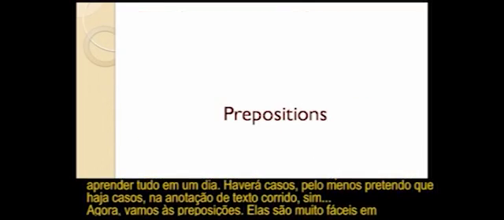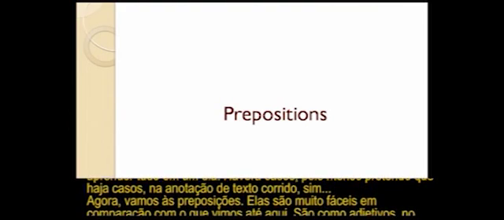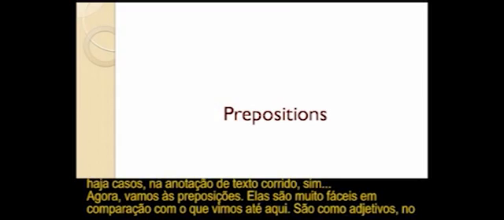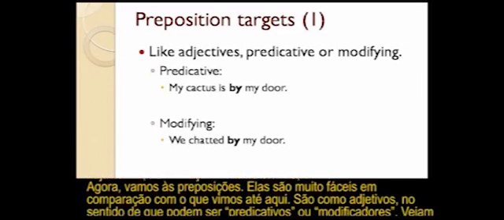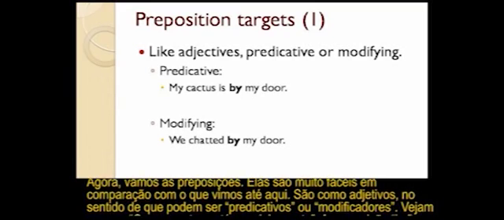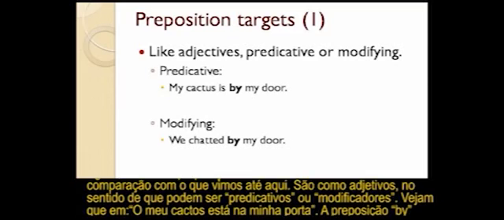Okay, so then prepositions. These are blessedly easy in comparison to what we've just been talking about. They're like adjectives in that they can be predicative or modifying. So here you can see the cactus is by my door.